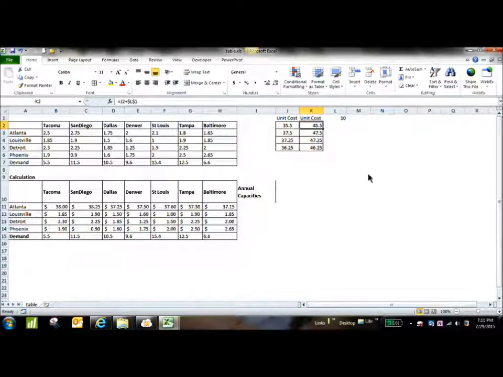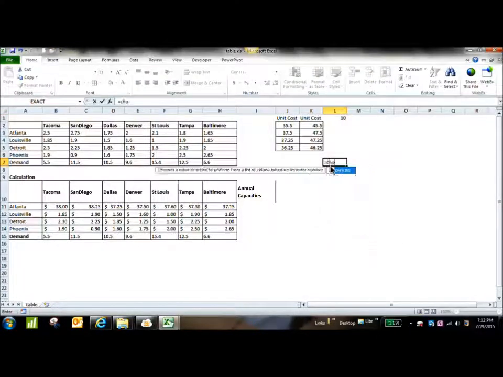Okay? There is a formula that I'd like you to get familiar with, which is the CHOOSE formula. And what I mean by that, I think the way you write this down, let me see.